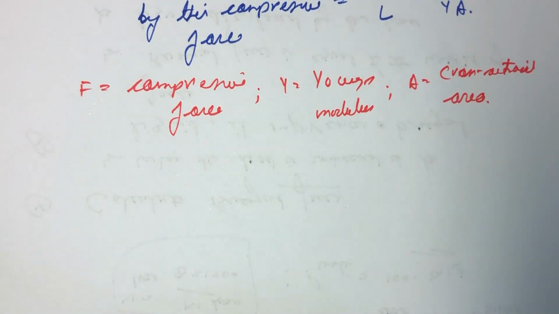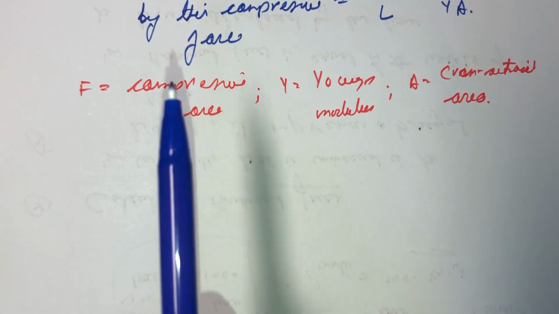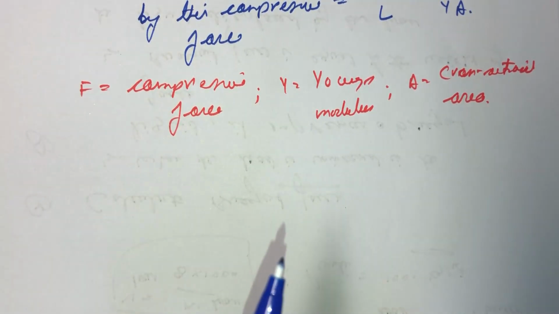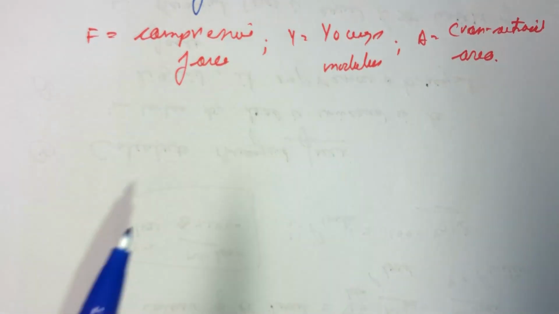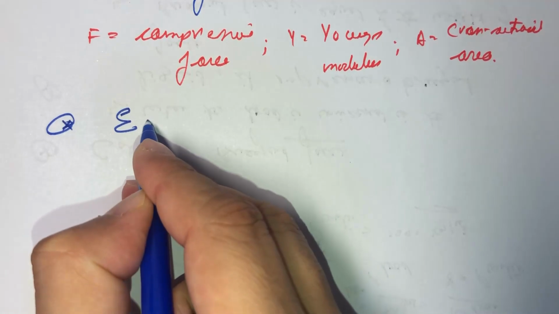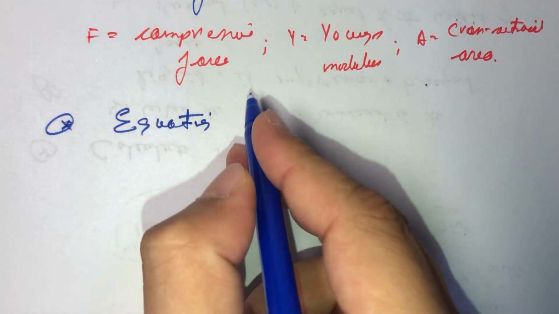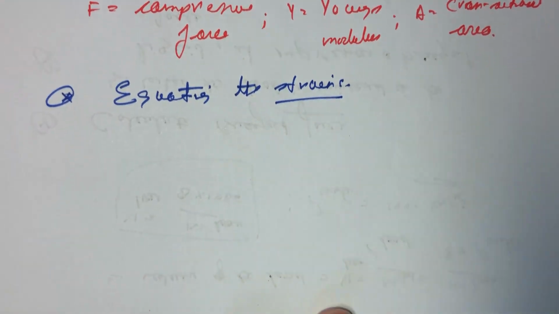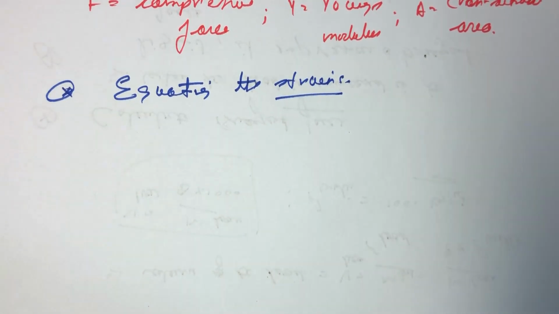Now we can equate this compressive strain and the thermal strain. So therefore, equating the strains. As in the question itself, it's given that the force exactly prevents any change in the rod's length. We can say that the compressive strain should be equal to the magnitude of the thermal strain.